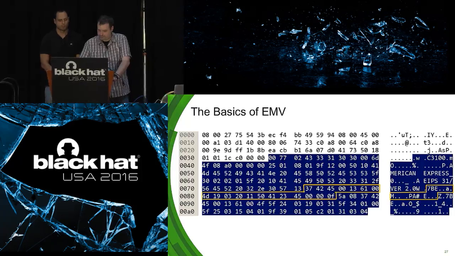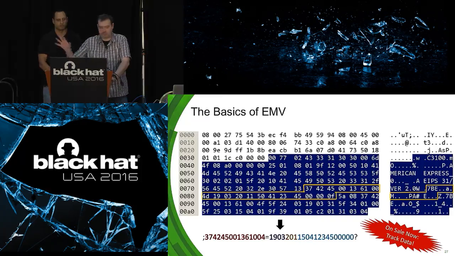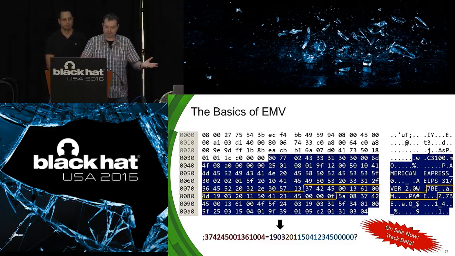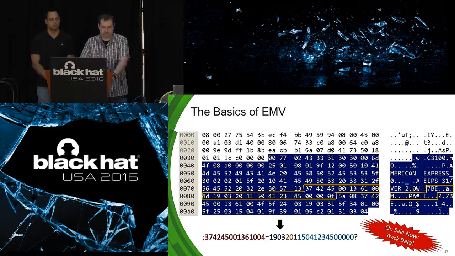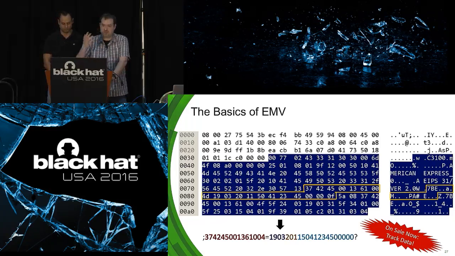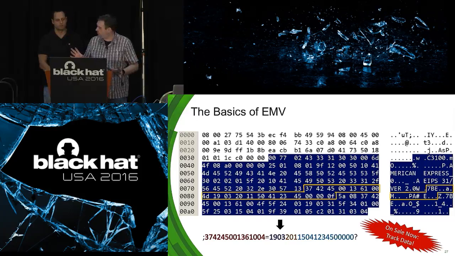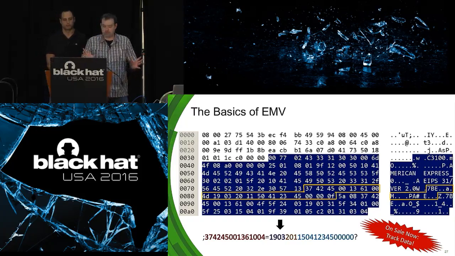So if we transform that into readable stuff, you can see you've got the standard track format there. You've got the PAN at the front, a separator, then the expiration date, that's what's in purple, then the service code, that's in an orangish yellow color that sometimes doesn't show up too well, then the discretionary data.